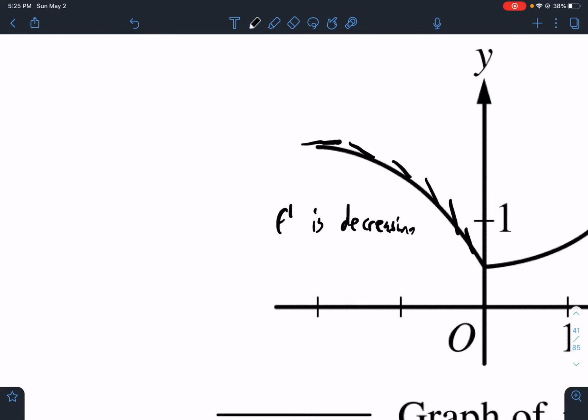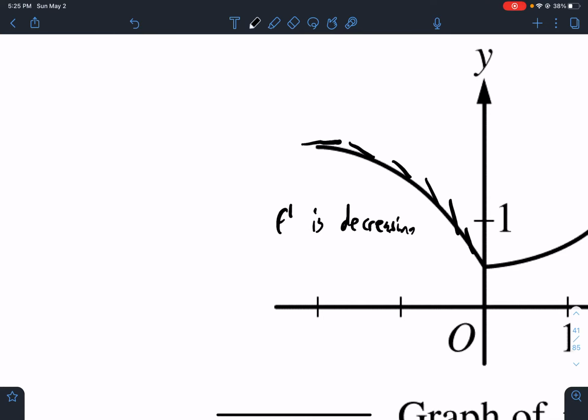So f double prime of 3 is 6, plus 6 x minus 3 squared over 2 factorial. And so 2 factorial is just 2. So the coefficient of this is just going to be 3 x minus 3 squared. So that rules out C, because in C, you're not dividing by the factorials.